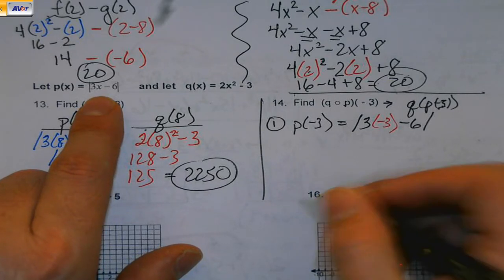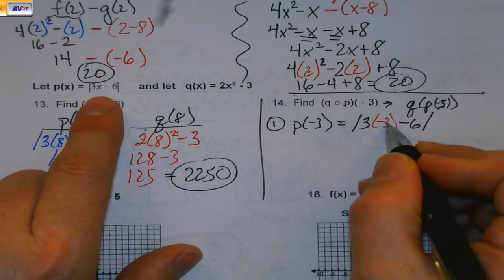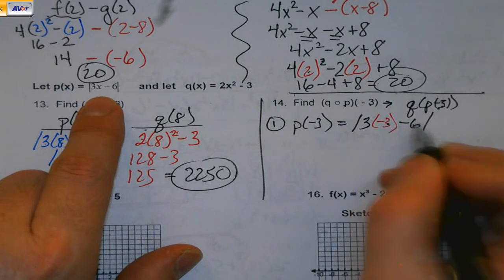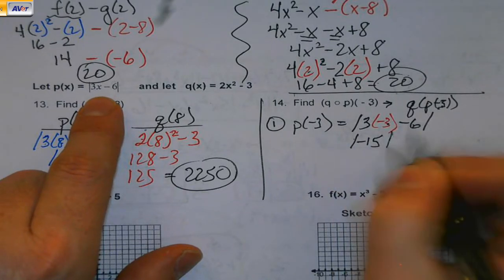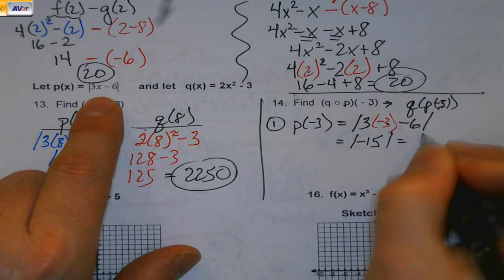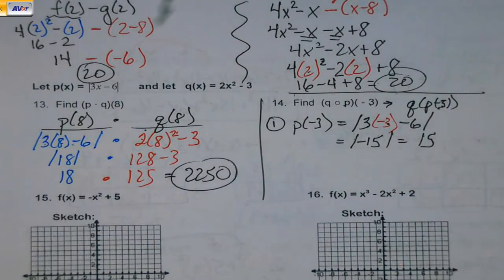Again, take your time. 3 times negative 3 is negative 9. Minus 6 is negative 15. And we know when the absolute value of a negative is taken, we get a positive out. So that's my p of 3 value.